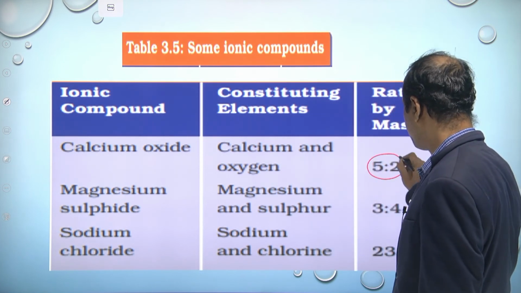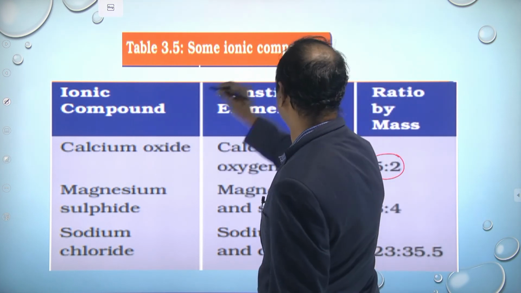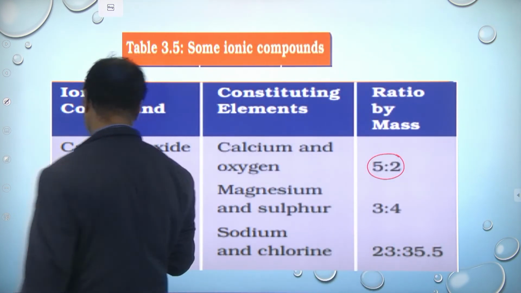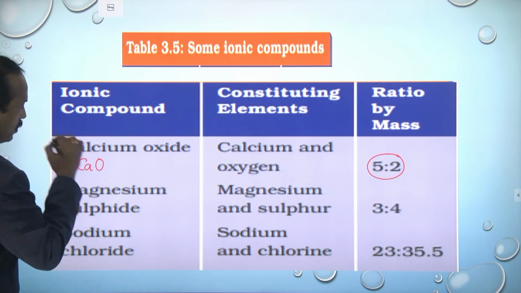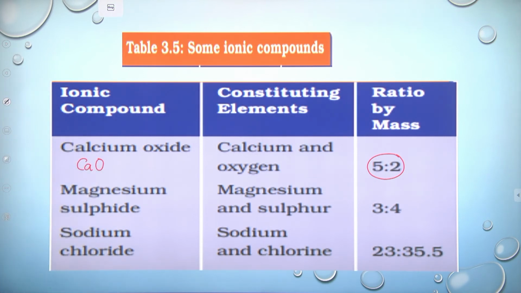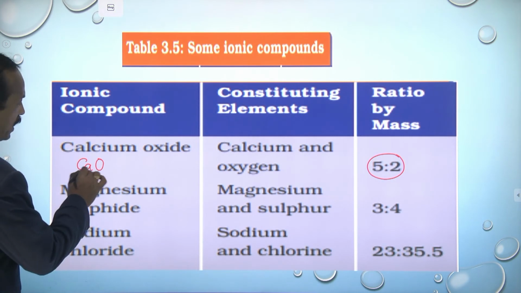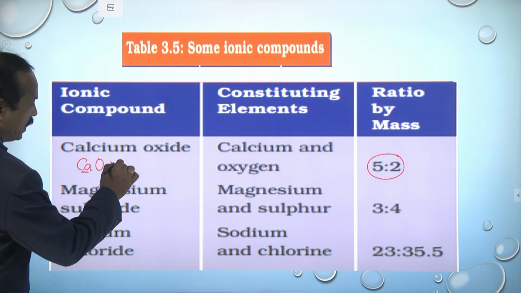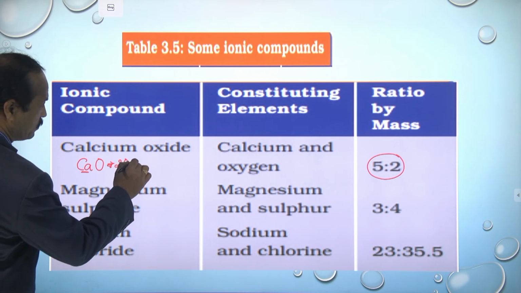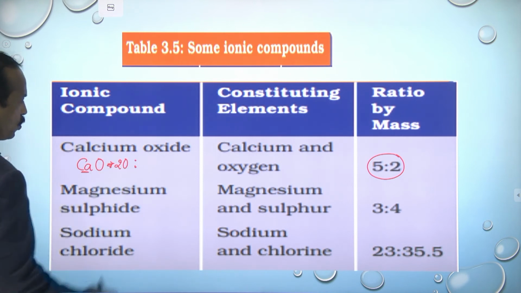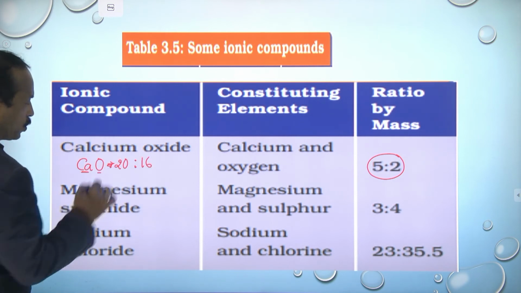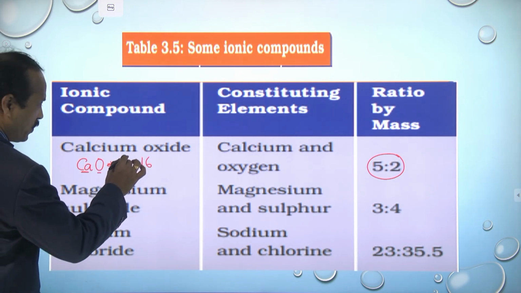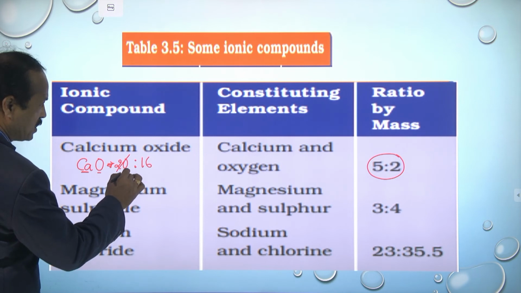How do we get 5:2? The formula of calcium oxide is CaO.